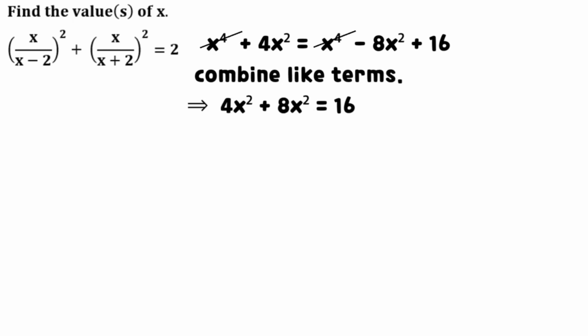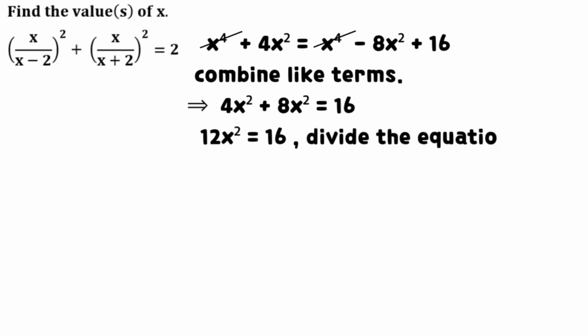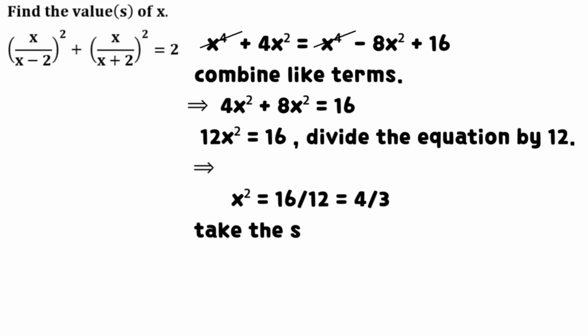Also, equal but opposite sign terms cancel out. Combine like terms and simplify to give 12 times the square of x equals 16.